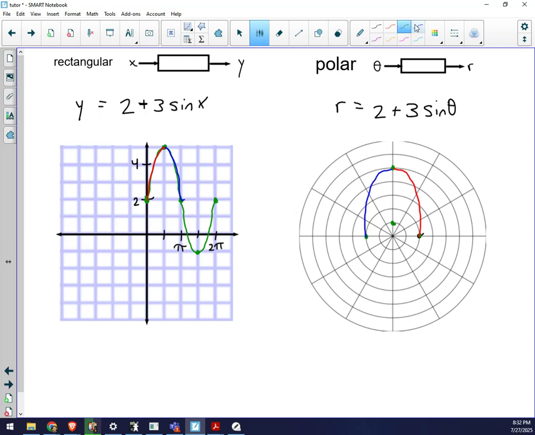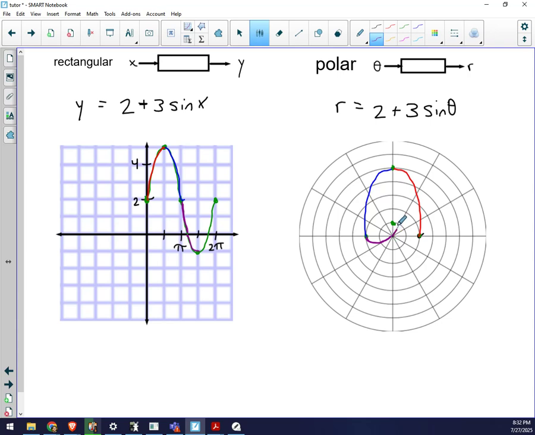So this little piece right here, when y decreases from 2 to 0, r decreases from 2 to 0. When r equals 0, you're on the pole. And then r becomes negative, to negative 1.